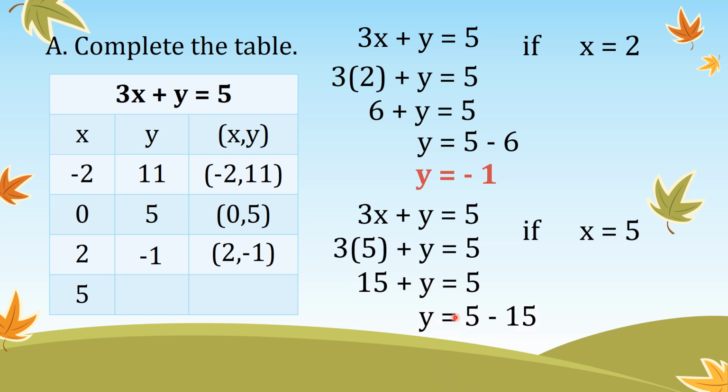Using APE, we will arrive with y equals 5 minus 15. Minus 15 because 15 here is positive. And simplifying 5 minus 15, y is equal to -10. So our value for y is -10 and our ordered pair is 5, -10.